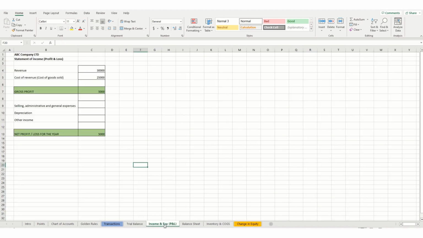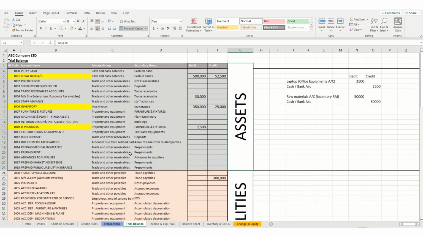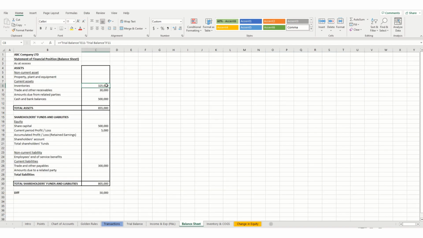So we can directly go to the balance sheet and check the inventories, because this is directly linked to the trial balance. Yeah, inventories 325,000, trial balance inventory, because 350,000 minus 25,000 will give you 325,000, correct?